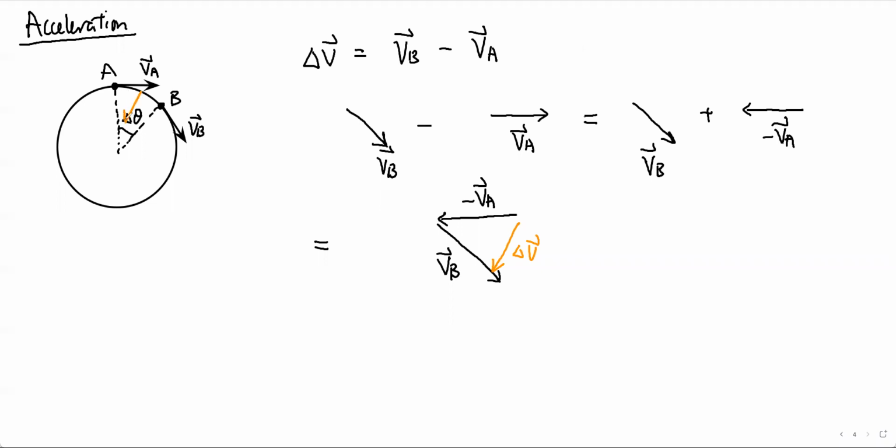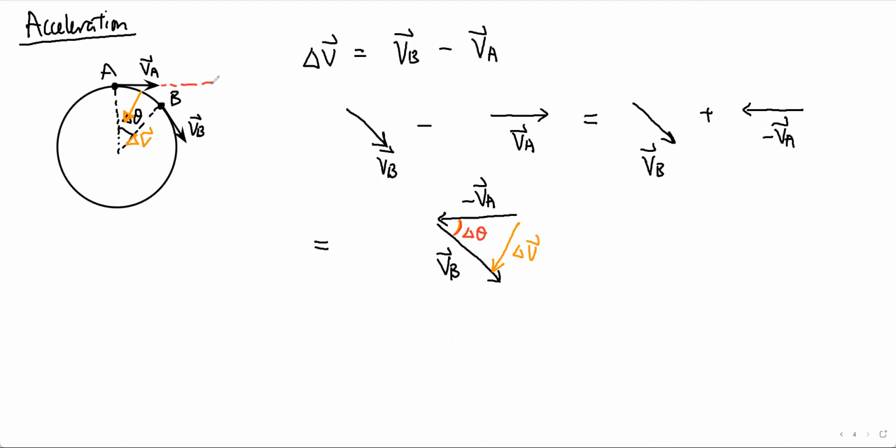If I draw in this diagram, somehow we can show that the change in velocity is towards the center of the circle. That's the direction. Now the most interesting part is that this angle is delta theta. It's a bit difficult to show.